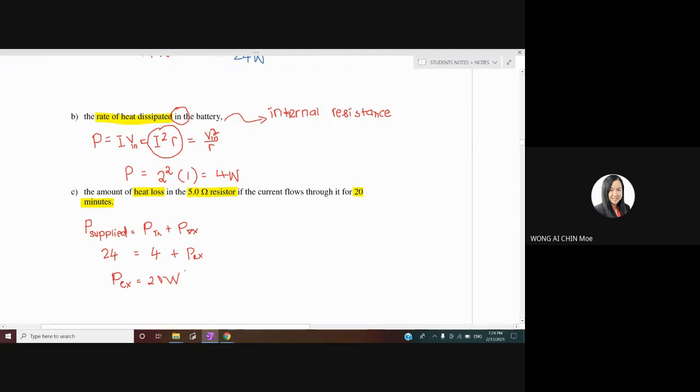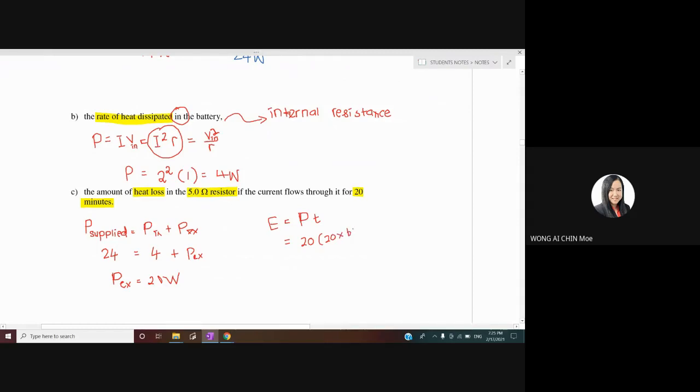So our energy: P equals E over T, so energy equals P times T. Our P is 20 watt and T is 20 minutes, so 20 times 60.